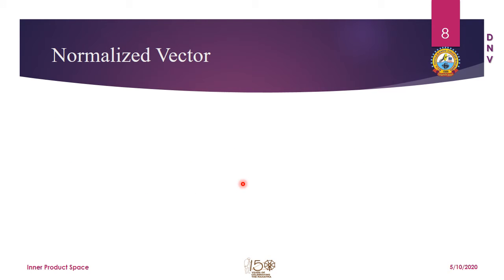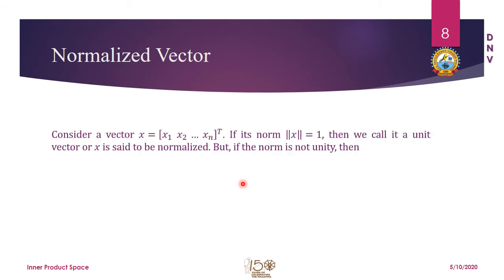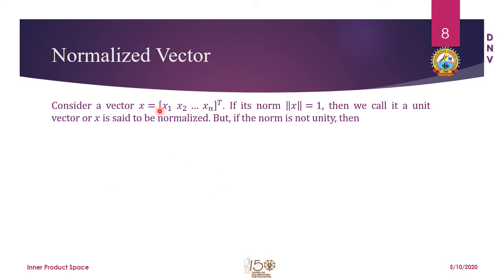Next we come to the normalized vector. So we consider this vector in the form of a column vector, and if its norm is equal to 1, then we call it a unit vector, or x is said to be normalized. So if we are given a vector in the form of a column vector, and if the length of this vector comes out to be unity, then we call it a normalized vector.